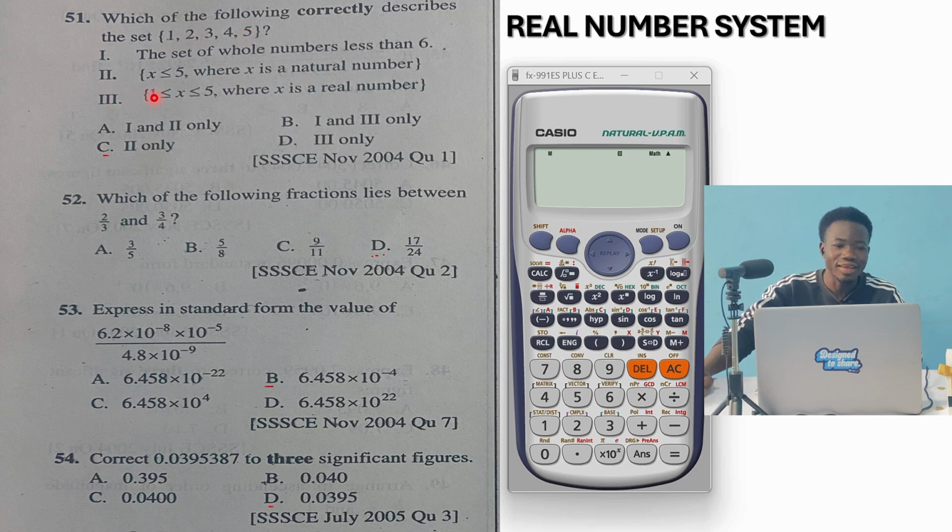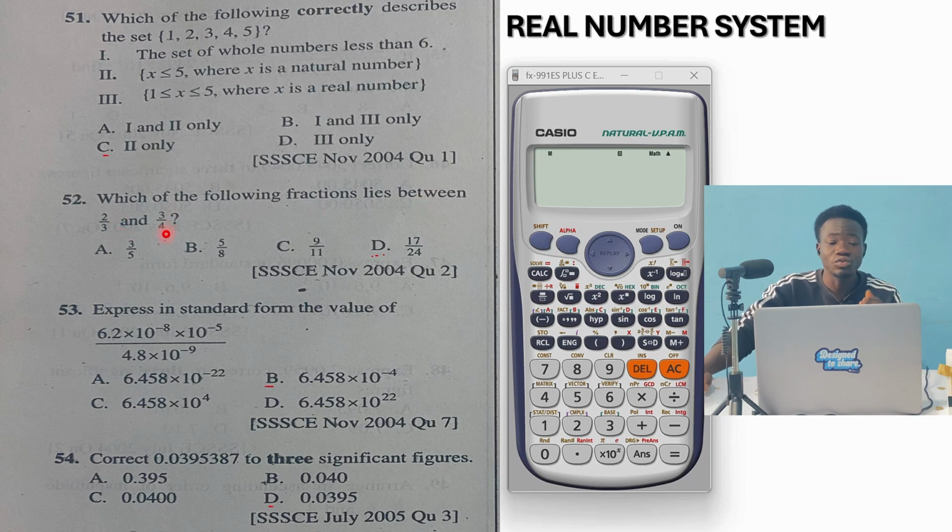So our right answer here is only II, and that is option C. So you have to differentiate and pick out the wrong ones so that you can let the correct one stand aside.